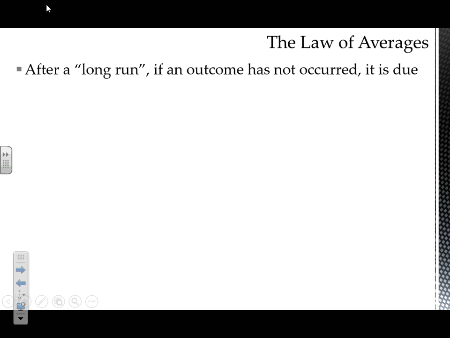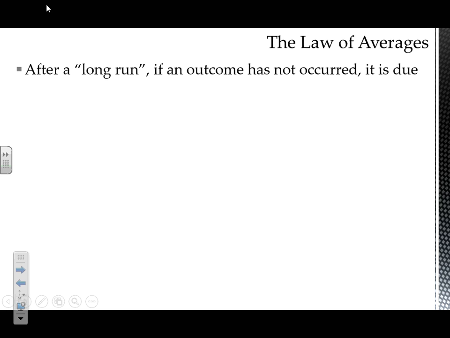Have you guys ever heard that phrase, I'm due to have this? Where do you normally hear it? In sports, you hear it a lot, right? A hitter hasn't had a hit in 10 at-bats, and so they say, he's due to have a hit now, right? Or you have weather. We haven't had rain in 35 days. We're due to have a day with rain. Things of that nature.